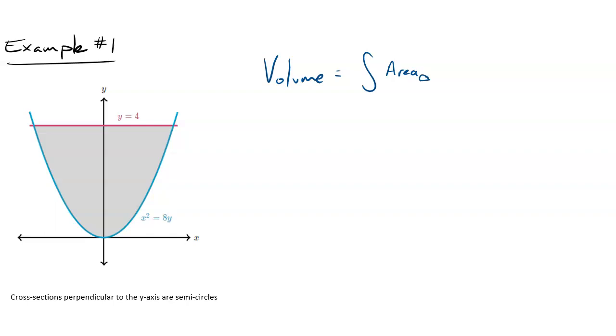Our goal is to figure out the equation to find the area of the semicircle, and then obviously we have to have numbers right here. This one says cross sections perpendicular to the y-axis. Well, that definitely tells me that it is horizontal. So then this would be dy, so everything has to be in terms of y.